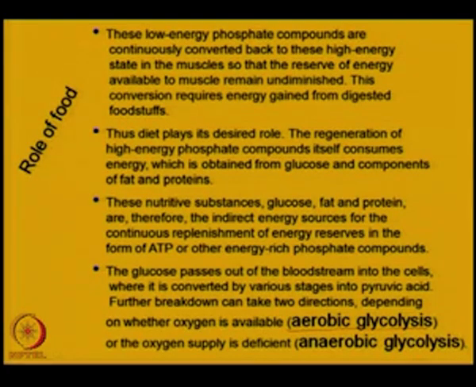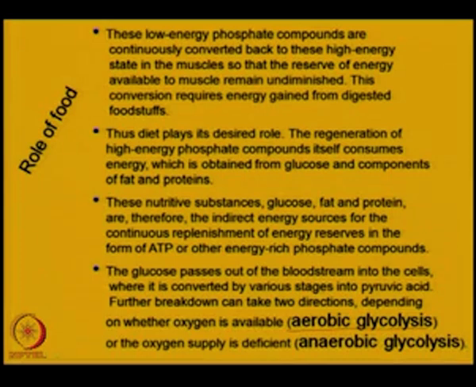These nutritive substances, glucose, fat and protein, are therefore the indirect energy sources for the continuous replenishment of energy reserves in the form of adenosine triphosphate or ATP or other energy rich phosphate compounds.